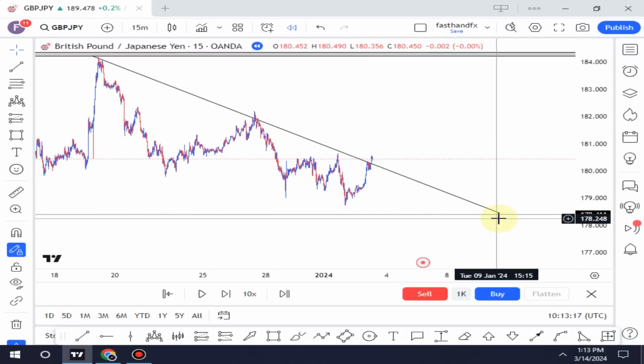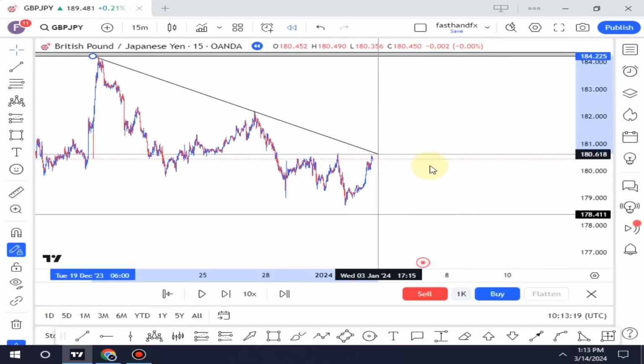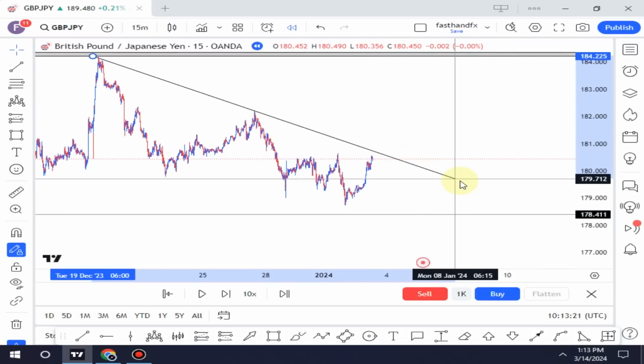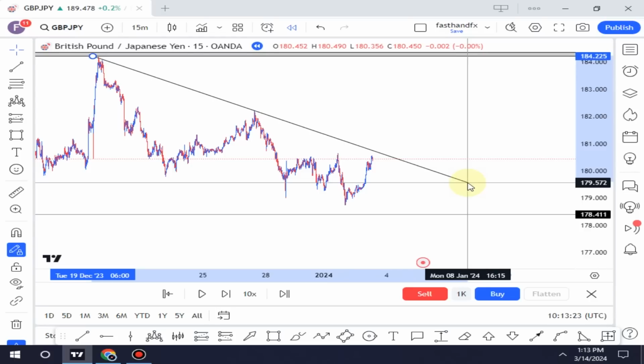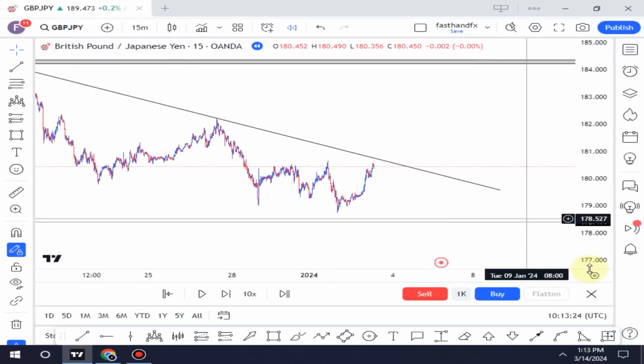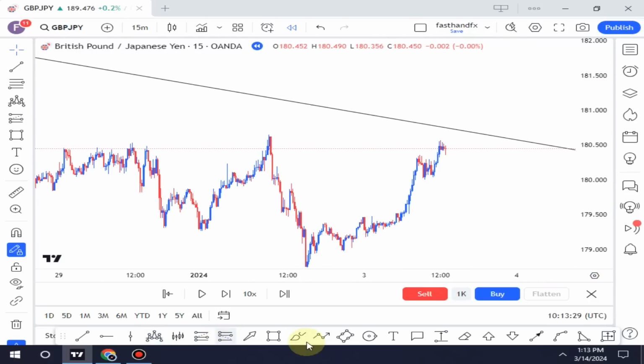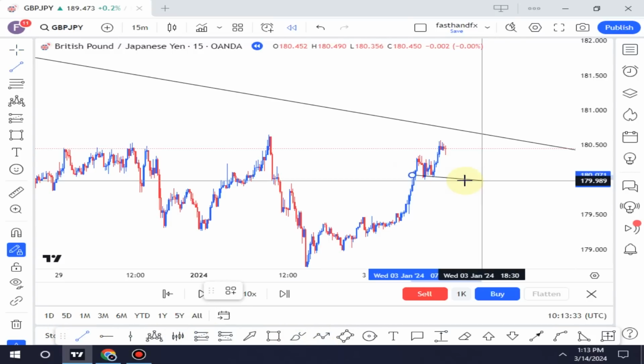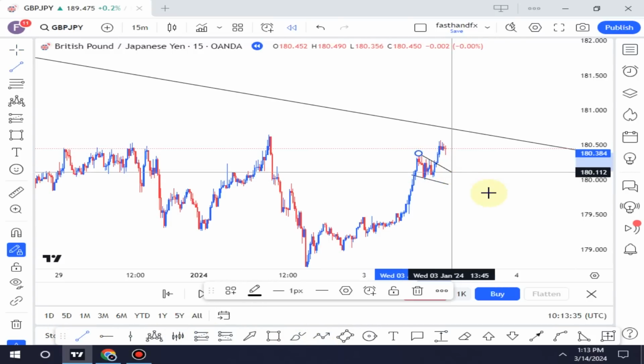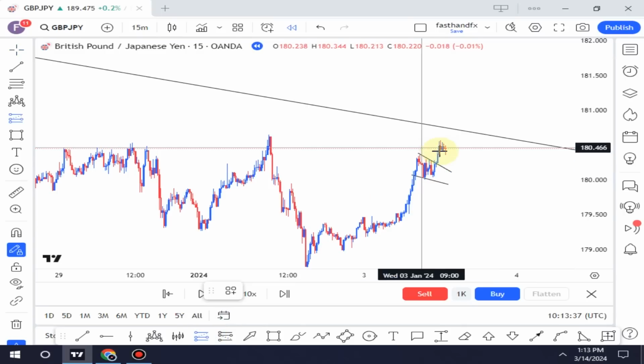Okay, so let's see. Maybe we need to make our levels more clean. So right over here we see, okay, the price has given us a continuation pattern, telling us that it is ready to take out that highest zone, which is a resistance.